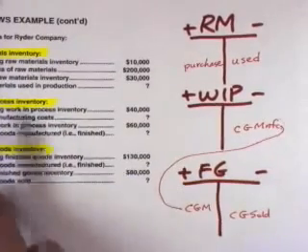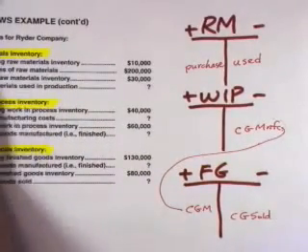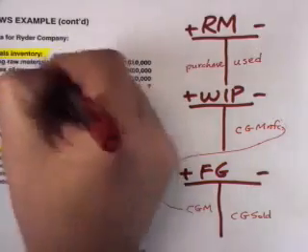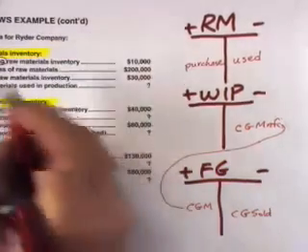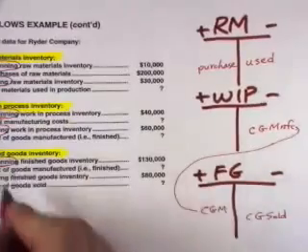All right, now they've given us some numbers, and in each one of these sections, they have a beginning inventory and an ending inventory. So beginning and ending, beginning and ending, beginning and ending.